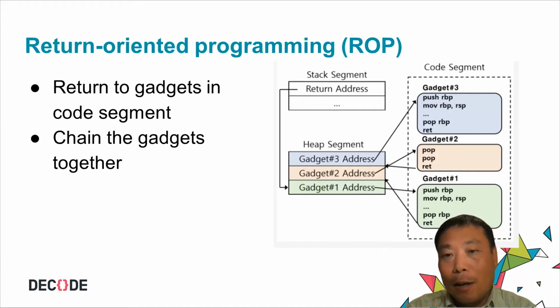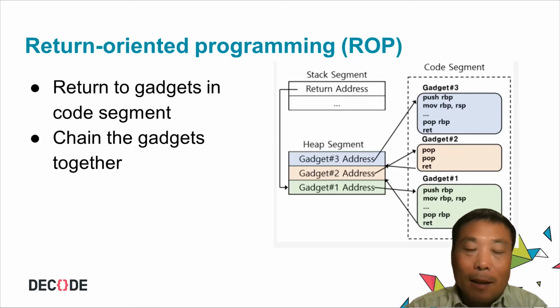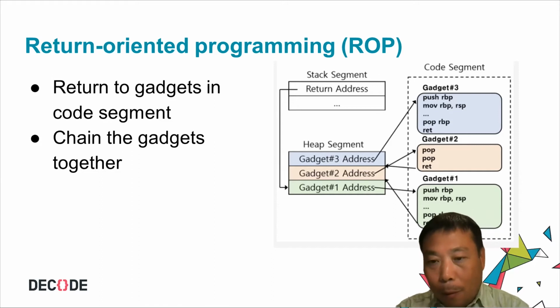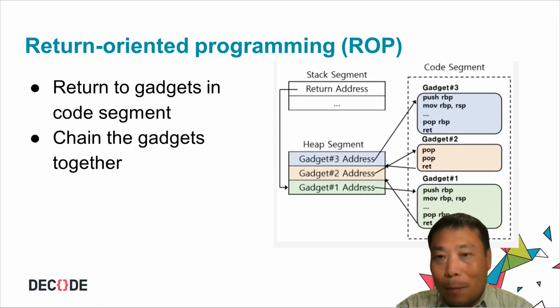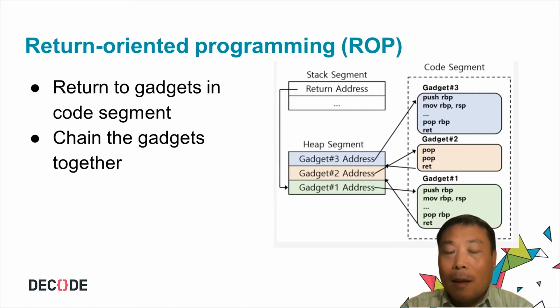Okay, since only code in the code segment can be executed, we'll set our EIP to an address inside the code segment, and once it jumps there, we run a small piece of code and return, and we let it return to another small piece of code inside the code segment, and so on.